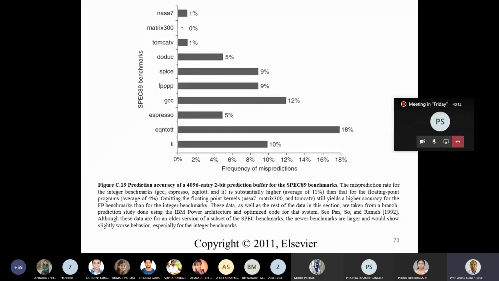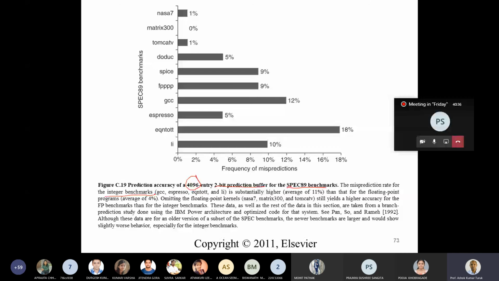This shows the prediction accuracy for the SPEC 89 benchmark programs, and the size of the buffer is 4096 entries, so it is 4K. It is a 4K entry, 2-bit prediction buffer. Now if you look at the misprediction rate, these are my integer benchmarks.